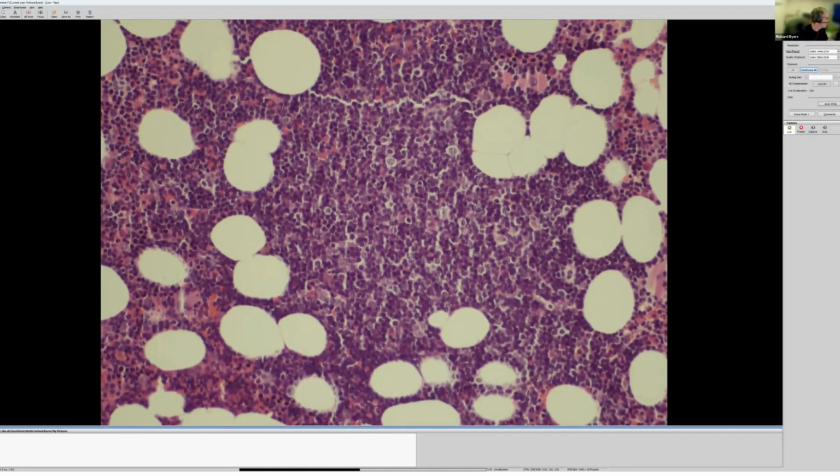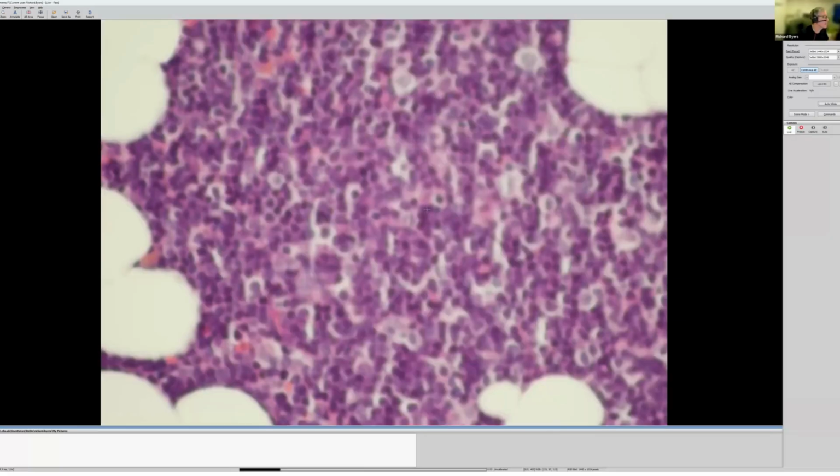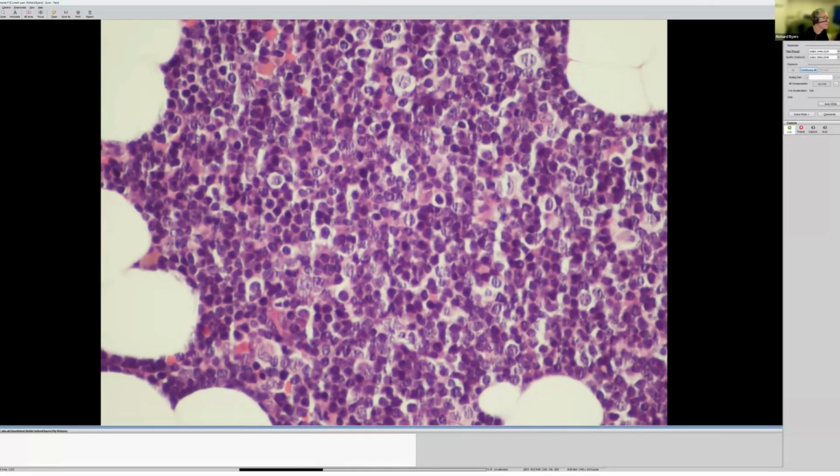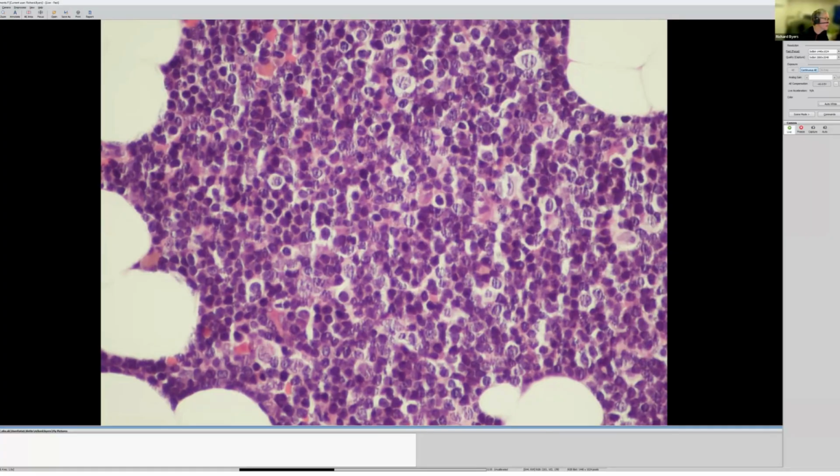We've got lots of largely small cells. Though in fact we have got some larger cells, like there and there and there. So morphologically, this does actually look like CLL. You know, a background of small cells and then occasional larger cells.